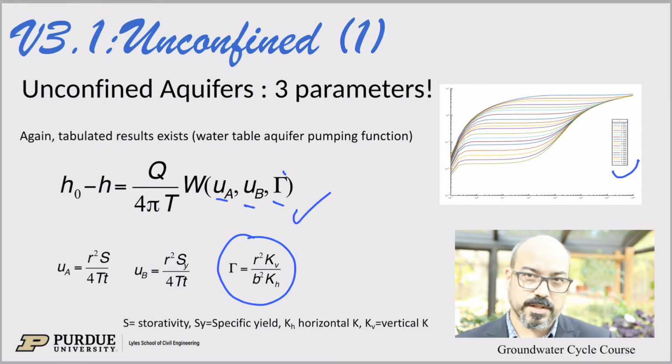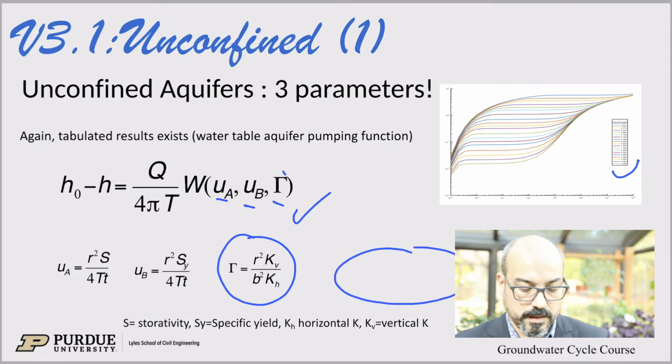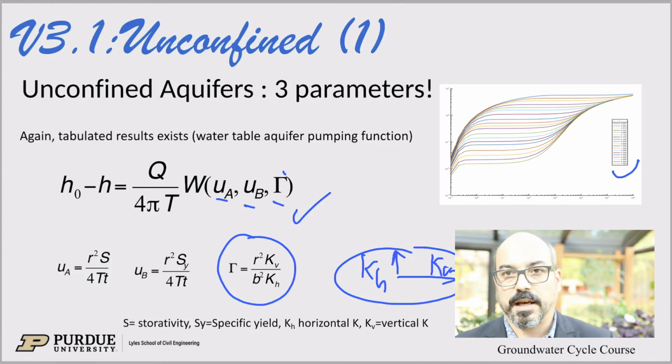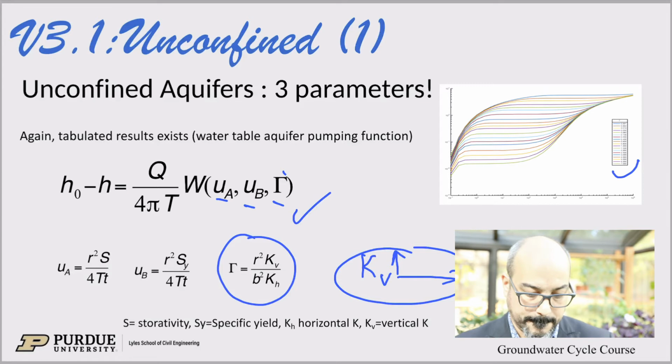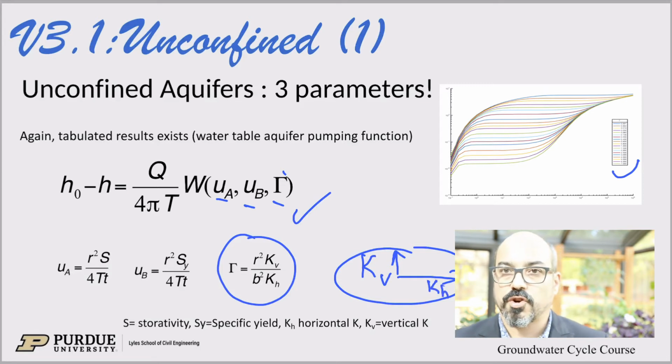So gamma now gives us information on the ratio of vertical versus horizontal hydraulic conductivity. So think of an anisotropic aquifer where KV and KH are different. Excuse me, that should obviously be K horizontal, K vertical. If it's anisotropic, depending on the ratio, you get more water from the horizontal sheet than from the vertical, just because of the hydraulic conductivity ratio.